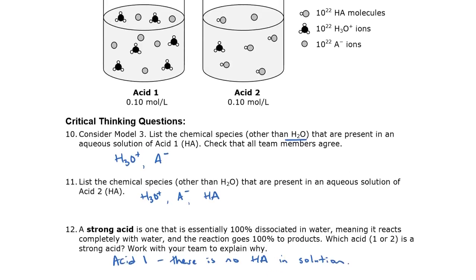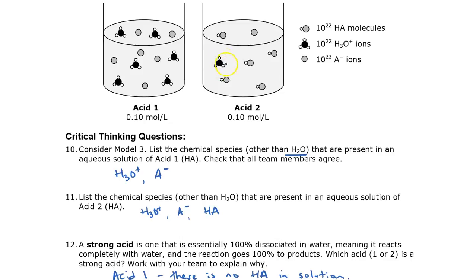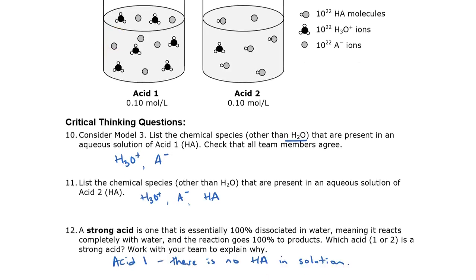If I look at the weak acid, there is some hydronium and there's some A-, but there's still a lot of HA left over. That's because it's a weak acid, and many of those do not dissociate in water, do not react with water to produce hydronium ions. So there's a picture that helps you put a handle on the difference between a strong and a weak acid.